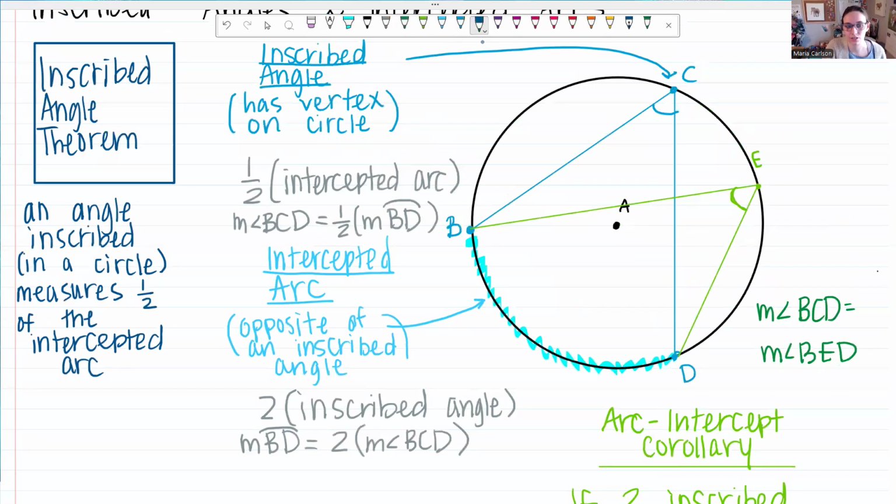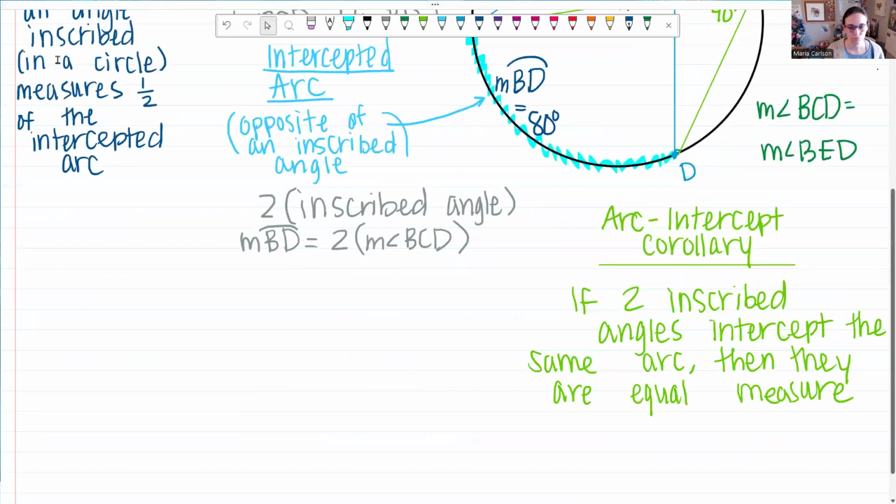So let's say, for example, this intercepted arc is 80 degrees. That's the measure of arc BD. Then both of these angles are 40, right? This has to be 40 degrees, half of that. And this also has to be 40 degrees.